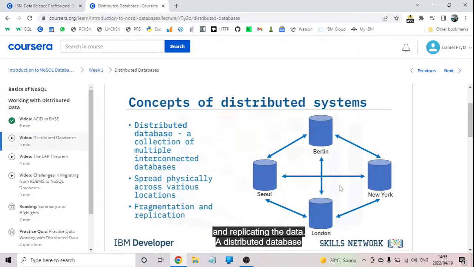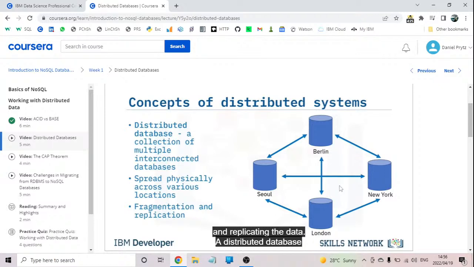It means all the databases are sort of joined together. Okay, distributed system as a concept.